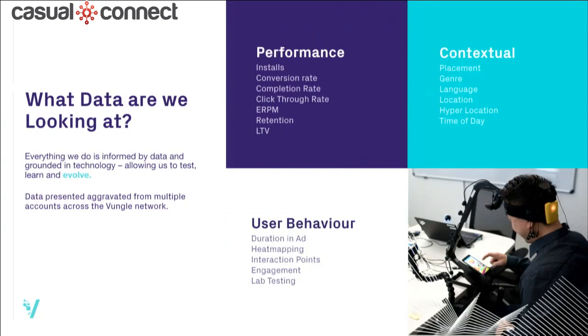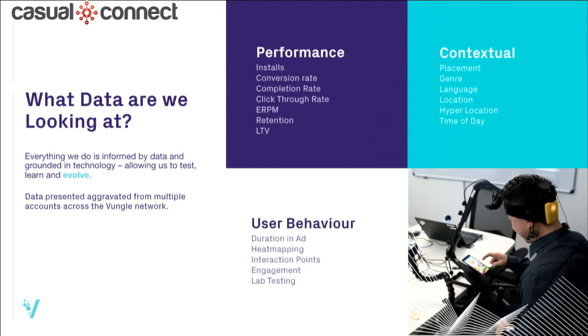So when we talk about data, what are we actually looking at here? Obviously performance data, these are the main metrics we're looking at. That's installs, conversion rate, completion rate, click-through rates, but then also retention and LTV. Being able to track the quality of user by creative is super important to us.